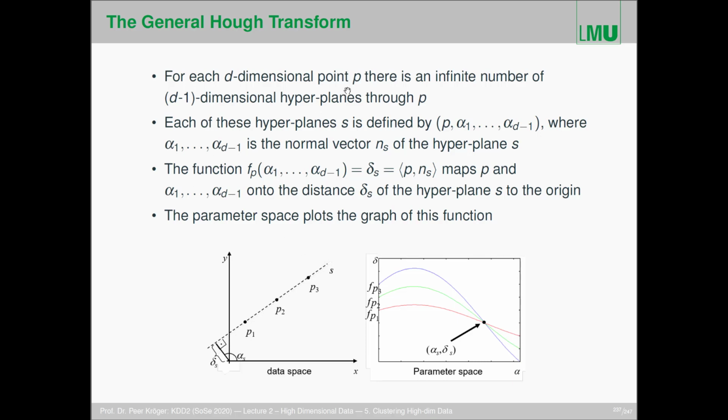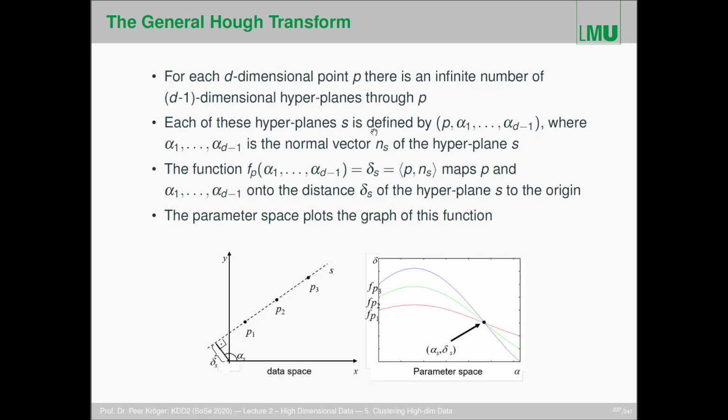For each d-dimensional point P, there is an infinite number of (d minus 1)-dimensional hyperplanes going through P. For example, in the two-dimensional case, we have an infinite number of lines, because d minus 1, that is 2 minus 1, is one-dimensional, and one-dimensional hyperplanes are lines. So through a two-dimensional point, there is an infinite number of one-dimensional lines going through.